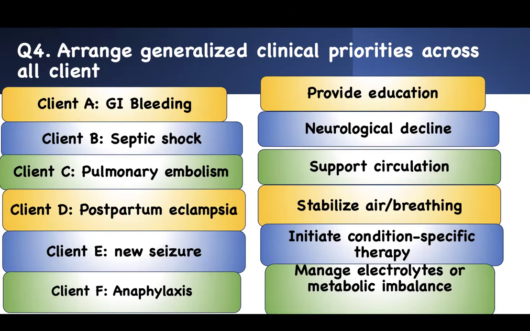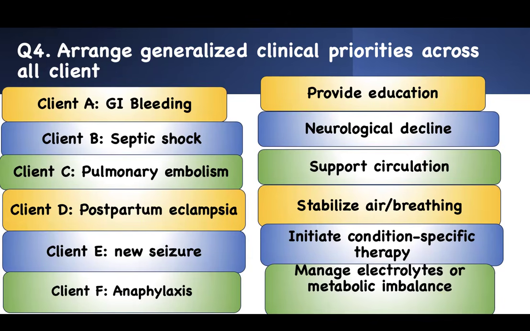Is support circulation more important than stabilizing the airway? It's like a priority ranking in a different form. So forget about the left side of the table and look at the right side. Which of these will you do? Provide education, address neurological decline, support circulation, stabilize airway, initiate condition-specific therapy, and manage electrolytes.